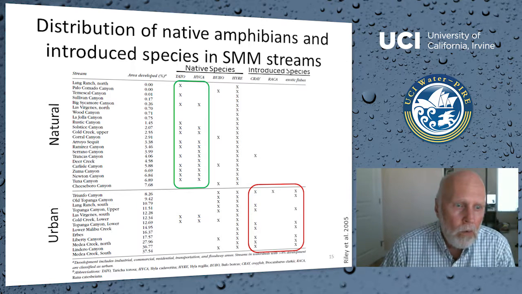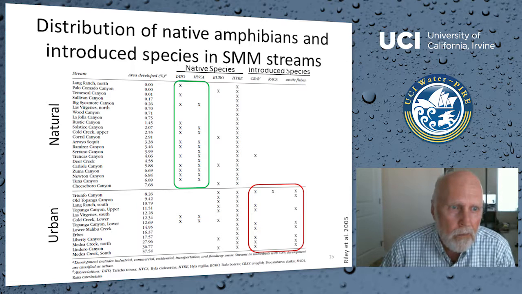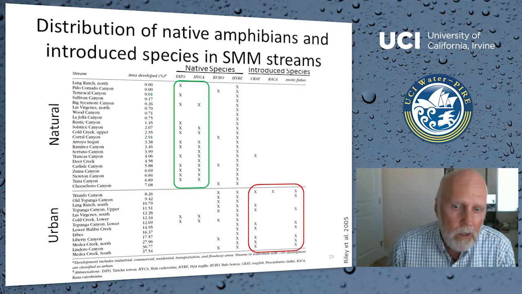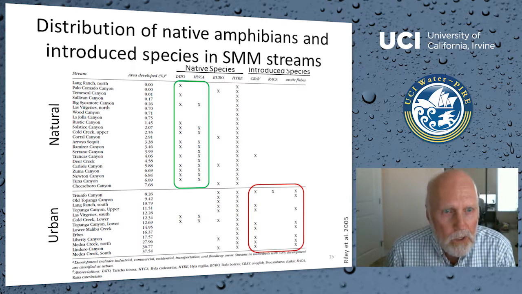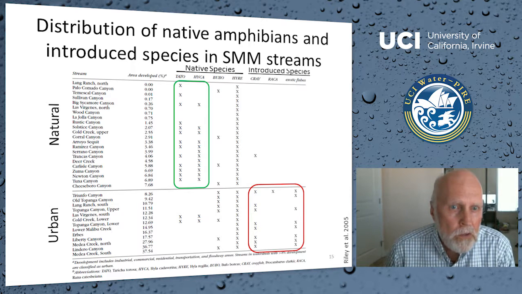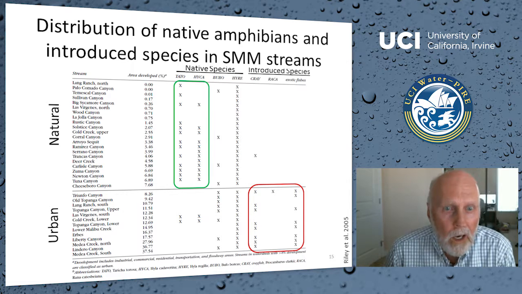And so this is just a listing of the streams that were studied in this Riley et al. study, and above the line are the natural streams and below the line are the urban streams. And then in the columns are different species. On the left it's the native species, and on the right introduced species. And so what we see is there are some species, this Hyloregilla, the HYRE species, that's a very cosmopolitan species.